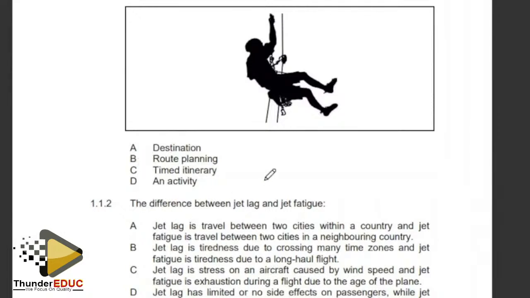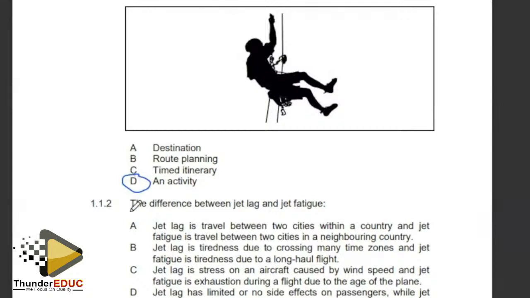As you can see, we have an image of a person who is involved in mountain climbing, or you can call it hiking. So we consider that to be an activity. So our correct answer for that particular question would be D, which is an activity.